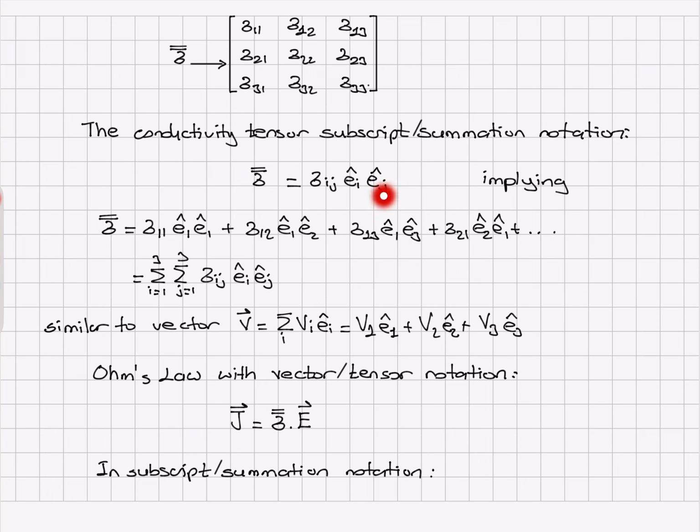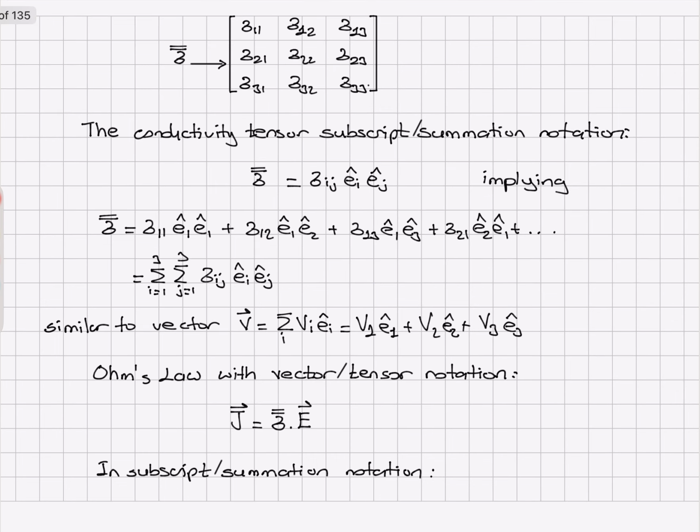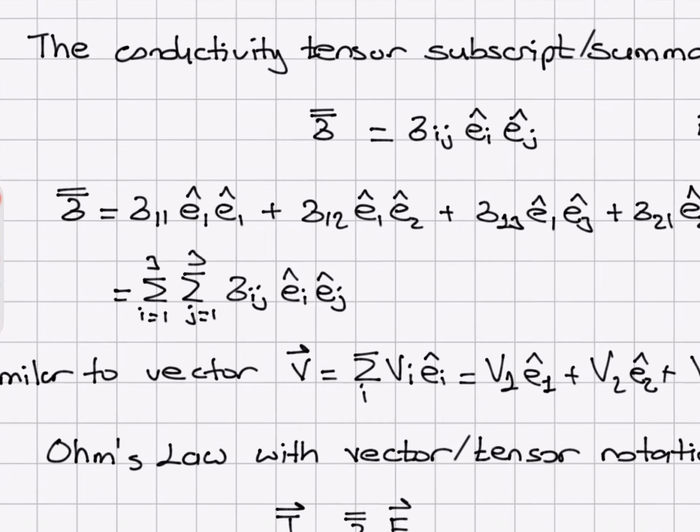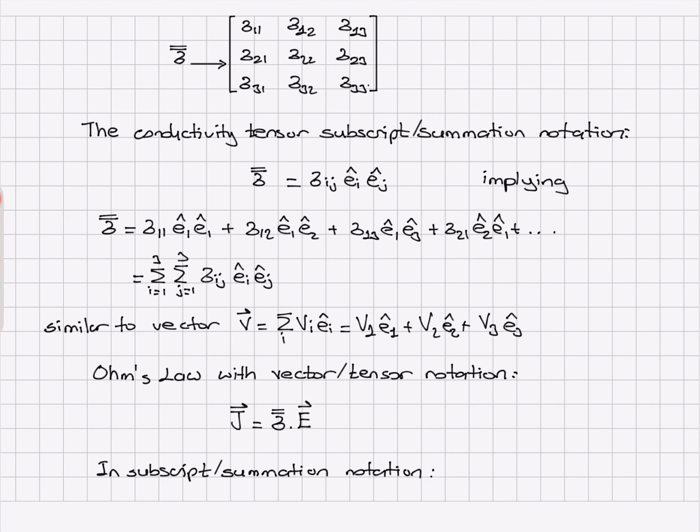So this is the row and this is the column number. So as the electric field vector is ei hat, we have the conductivity tensor sigma ij ei hat ej hat. And when I open this up, it is a summation over the indices i and j. You can see here it's a double summation over i and j, similar to the vector v being sum over i, vi, ei hat.